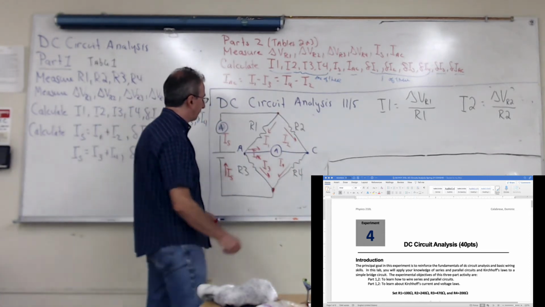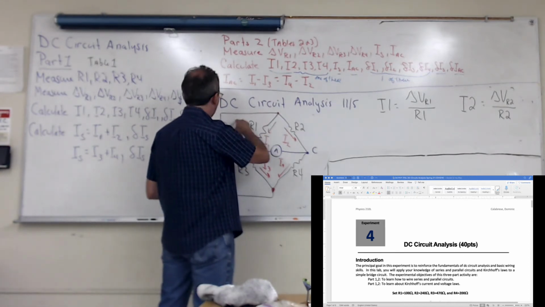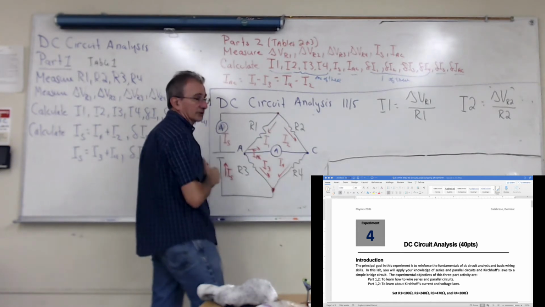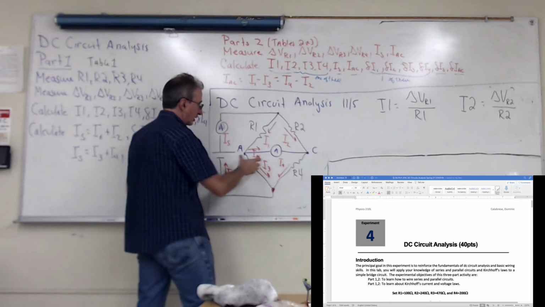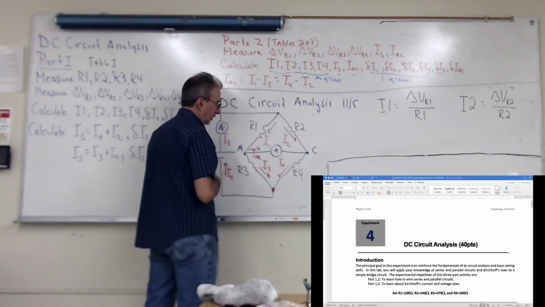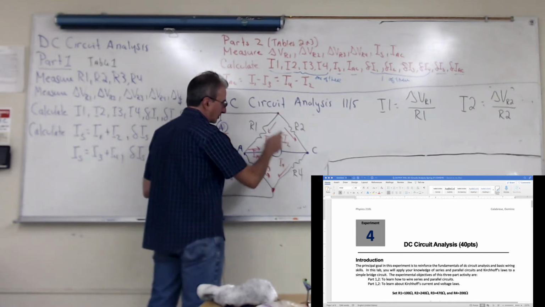So you're going to verify Kirchhoff's law here by comparing the measured value for I sub S to the sum of these two currents. You're going to compare this measured value of I sub AC to I3 minus I1, and you're going to compare this measured value to I4 minus I2.